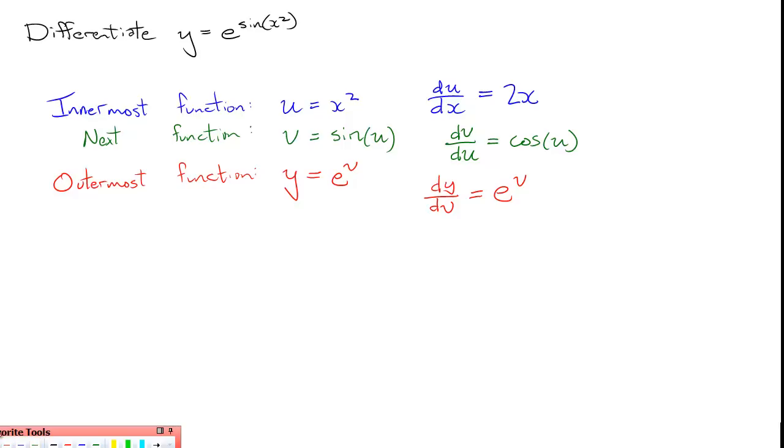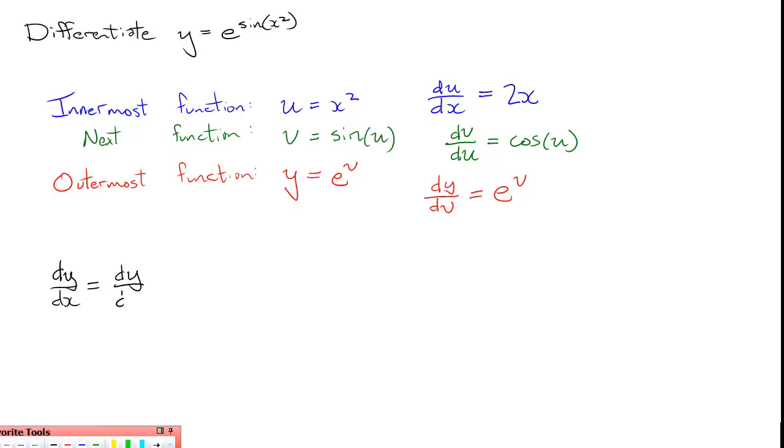And now we're ready to write down the derivative of the whole function. dy dx is, by the chain rule, the chain rule says that you can find the derivative of a composite function by finding the derivatives of each of the component functions, as we just did, and multiplying them together.